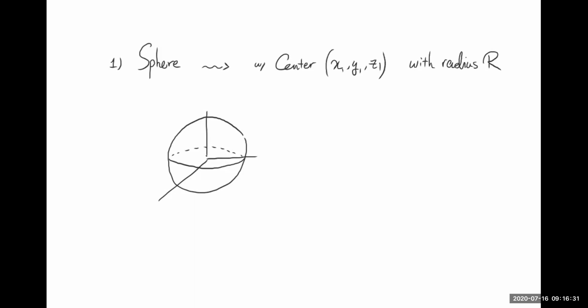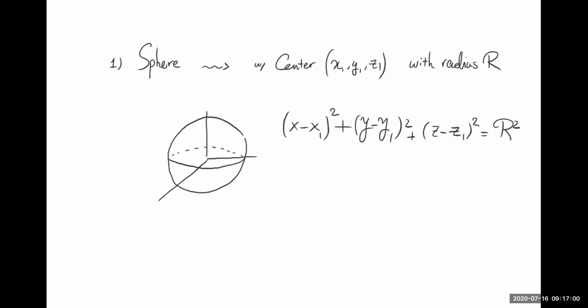The equation for this geometric object is (x minus x1) squared plus (y minus y1) squared plus (z minus z1) squared equals r squared. Okay, that's the equation of a surface with center x1, y1, z1, and with radius r.